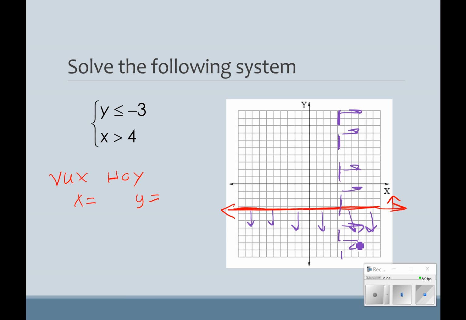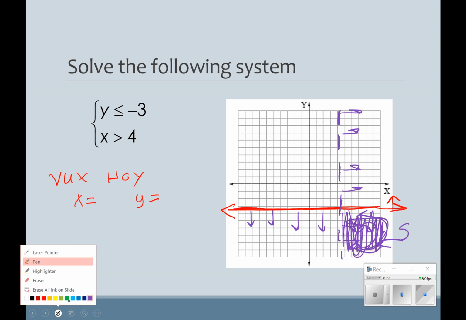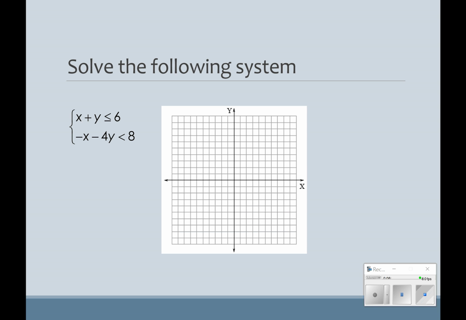So here's where my shades overlap in this little area right here. So this is the solution. On a test or quiz or homework, I'm going to request that you either draw an arrow there or write a big S in the middle so that you can say, yes, that's the solution. Okay. And you can use colored pencils to do this as well. Then you can shade and see where the shade really does overlap.